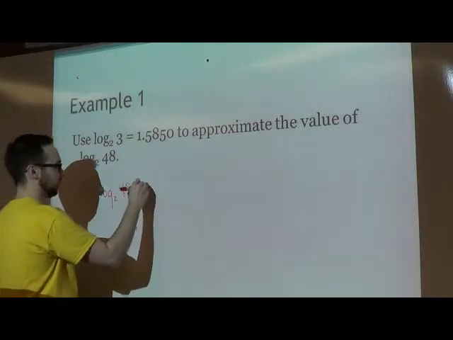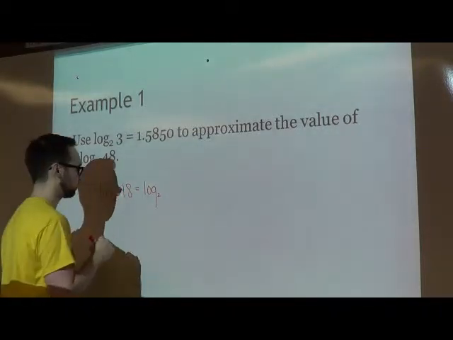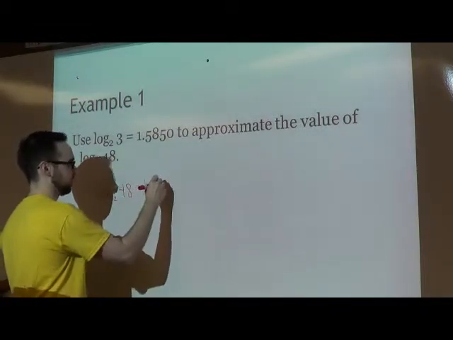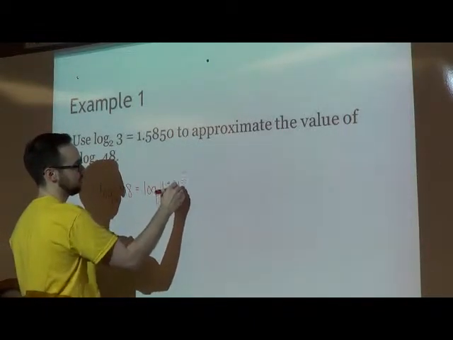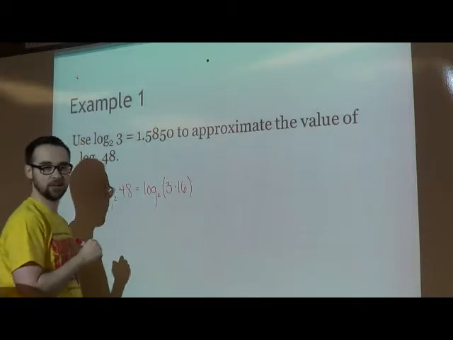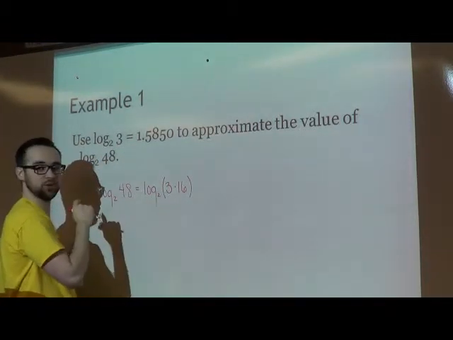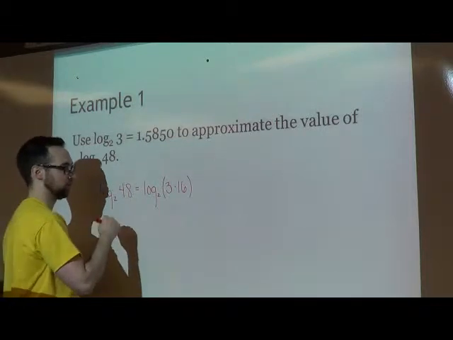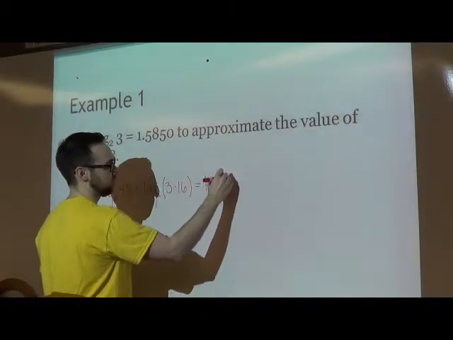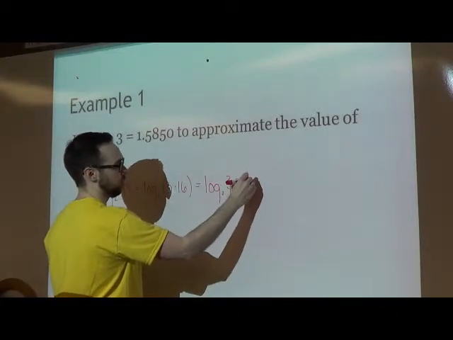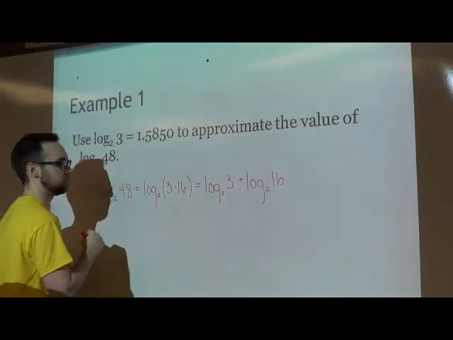So if I rewrite this as log base 2 of something with a 3 times something, well 3 times 16 gives me 48. Whatever they give you, they're going to give you some approximation. You're going to use that, and then I have the 16 left over. What that tells me is that I can say log base 2 of 3 plus log base 2 of 16.